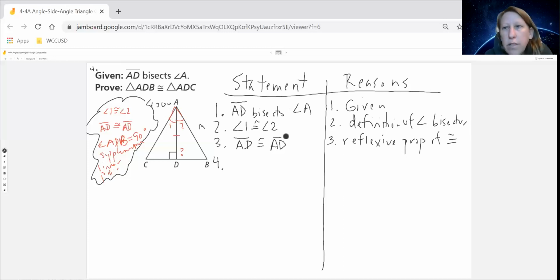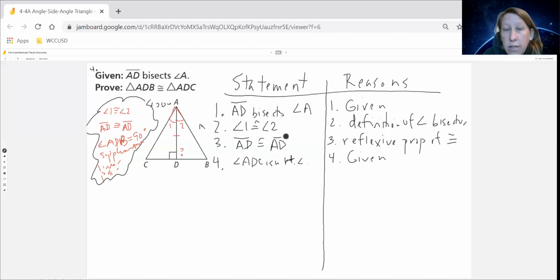Okay, now for the tricky bit. Because if someone doesn't believe you, you're going to have to convince them. So I'm going to say angle ADC is a right angle. How do I know that's true? RT stands for right. Okay, that was given to me.